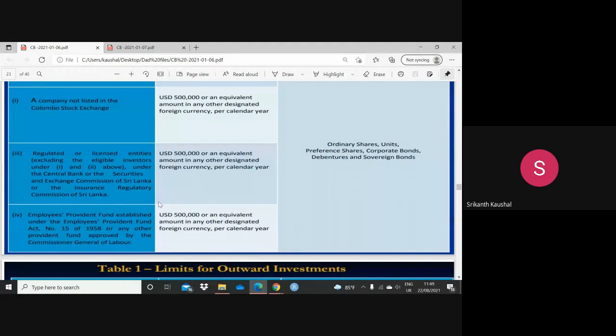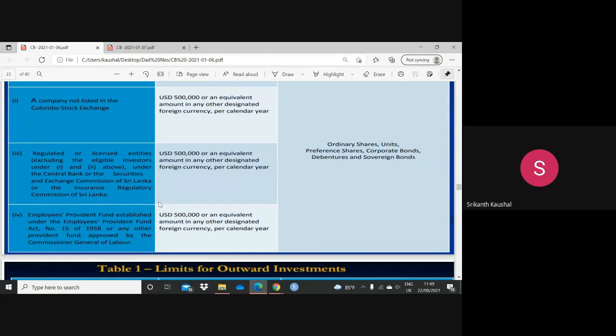Bonds issued by respective foreign countries. That means our treasury bills and treasury bonds are sovereign bonds issued by the Sri Lanka government through the central bank. In the same way, USA government dollar bonds issued through the Federal Reserve are considered sovereign bonds.